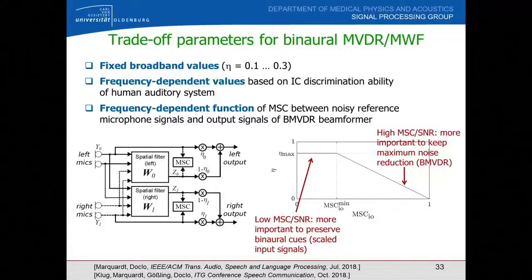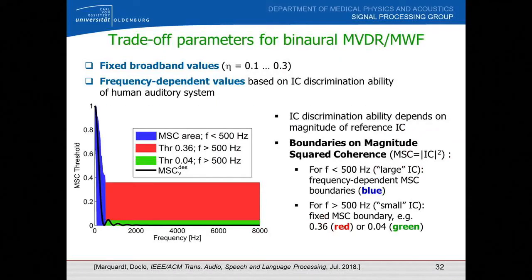So in all these approaches, we set the desired MSC level, and we compute this mixing parameter based on this, aiming at achieving this desired magnitude squared coherence. Sorry, but this doesn't say anything about the trade-off between the binaural unmasking and the loss in noise reduction, right?